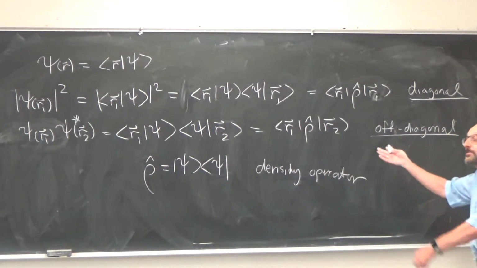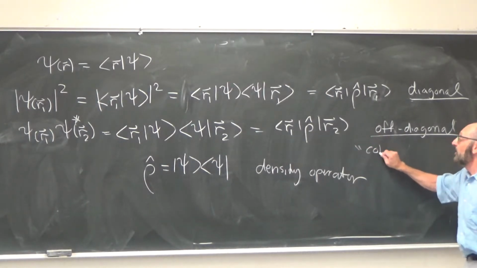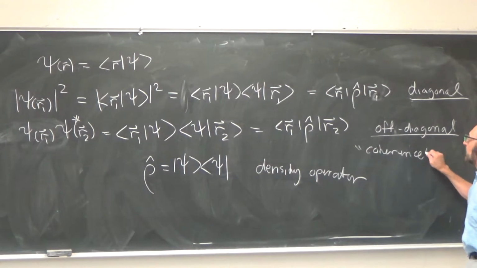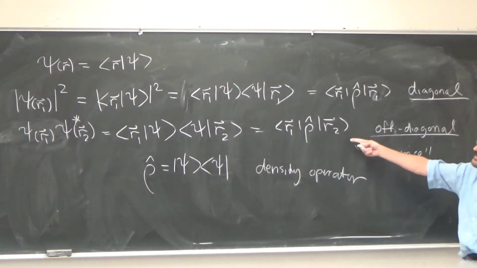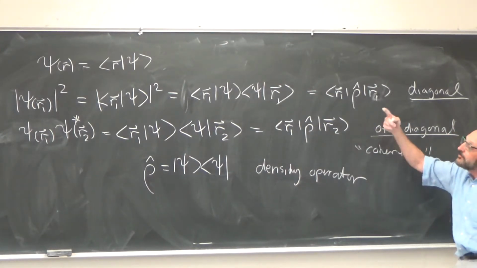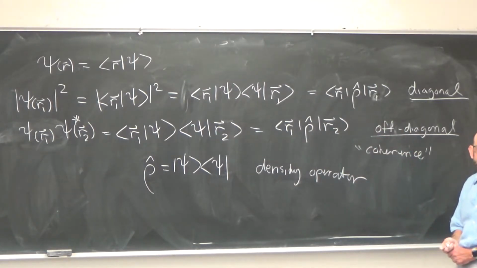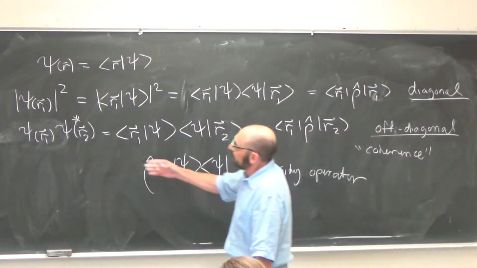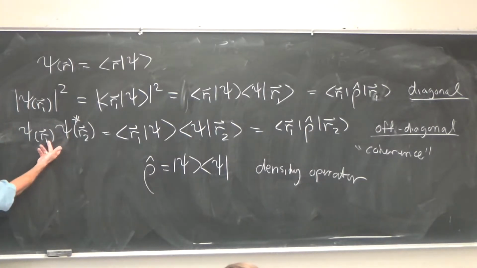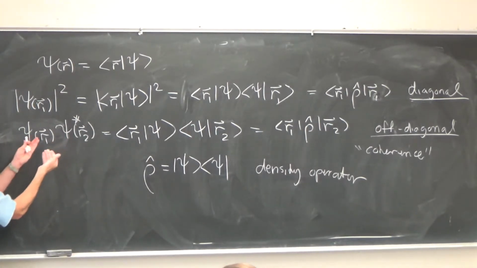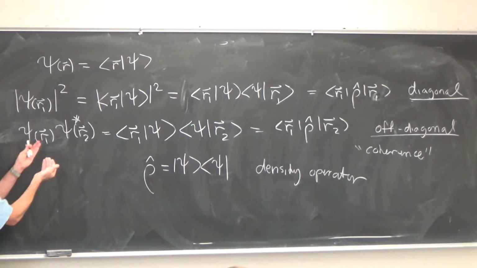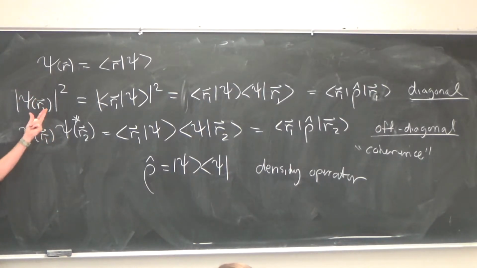And these elements of the density matrices we call coherences, because they tell us something about the ability of the system to exhibit interference. So these off-diagonal elements, in this case in the position representation, represent psi and psi star at two different points. That has something to do with coherence, whereas the square was a probability.